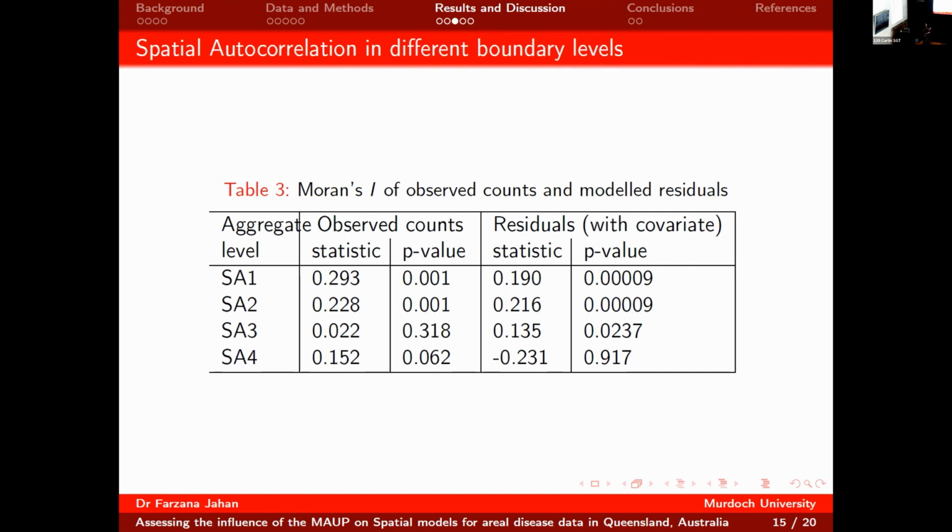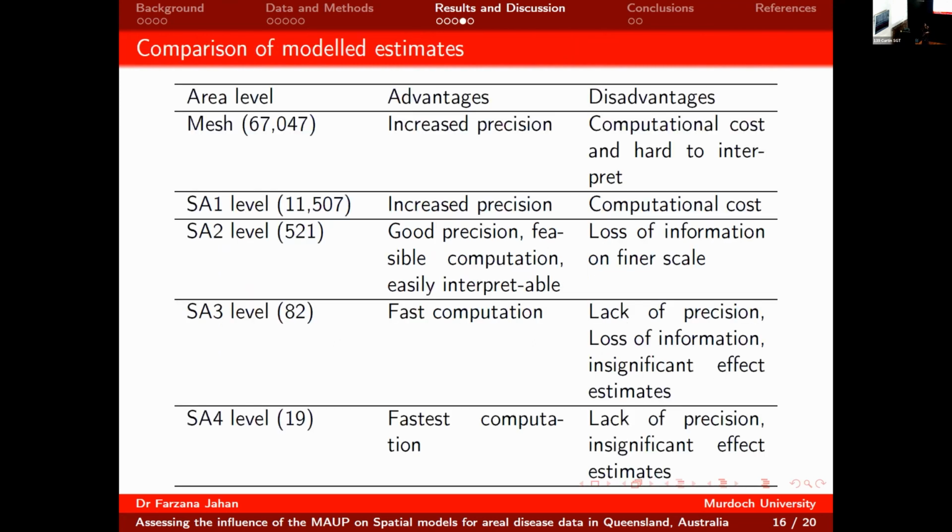But when you move on to larger aggregation boundaries, such as SA3 and SA4, the degree of spatial autocorrelation is no longer significant. So by looking at all of this, and also at computational complexity, convergence and everything, which I did not include in the slides due to time constraints, we tried to see what we are gaining at a specific aggregate level and what we are losing.